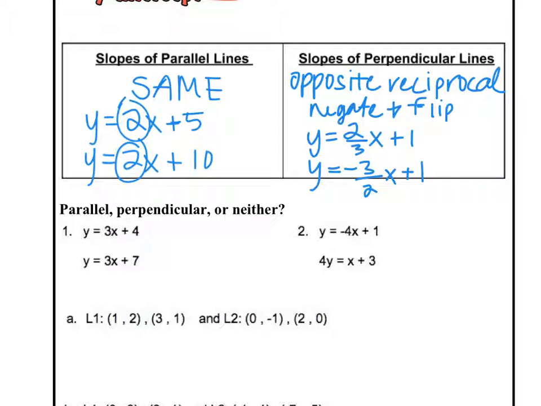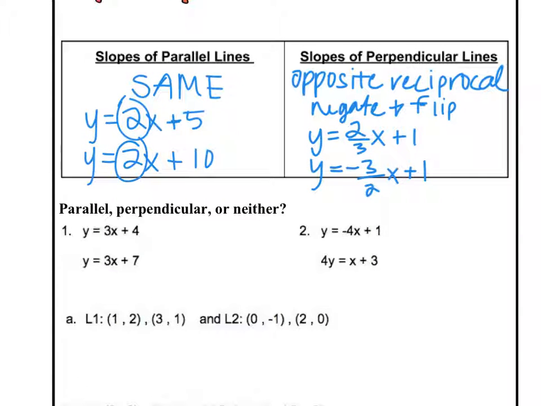So we're going to look at the slopes of these lines and decide if they're parallel, perpendicular, or neither. Number 1, could you please turn to your partner and tell them parallel, perpendicular, or neither for number 1. Jacob and Cooper, please talk.